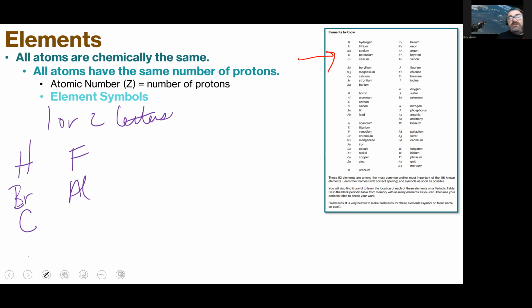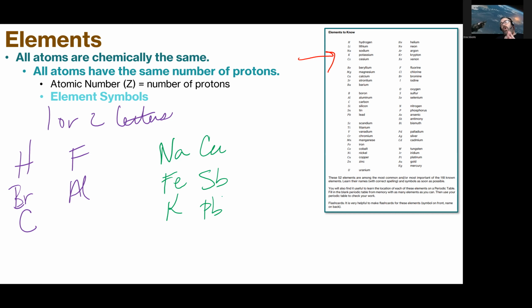Many of these don't make sense with regards to English, like Na is sodium, or Fe for iron, K for potassium, and Cu for copper. There's a bunch of these. Sb is antimony, and Pb is lead.